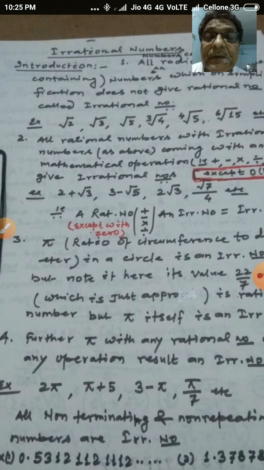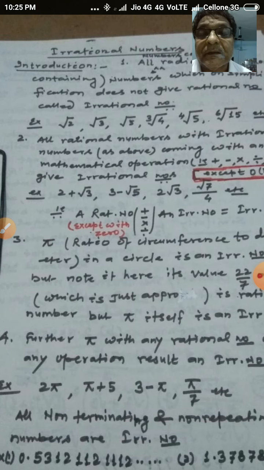Second case: we take a rational number and one irrational number, and under any basic operation, say addition, subtraction, multiplication and division, all these operations result in an irrational number when we take one rational and one irrational number, either with plus sign or minus sign or multiplication sign or divide sign.